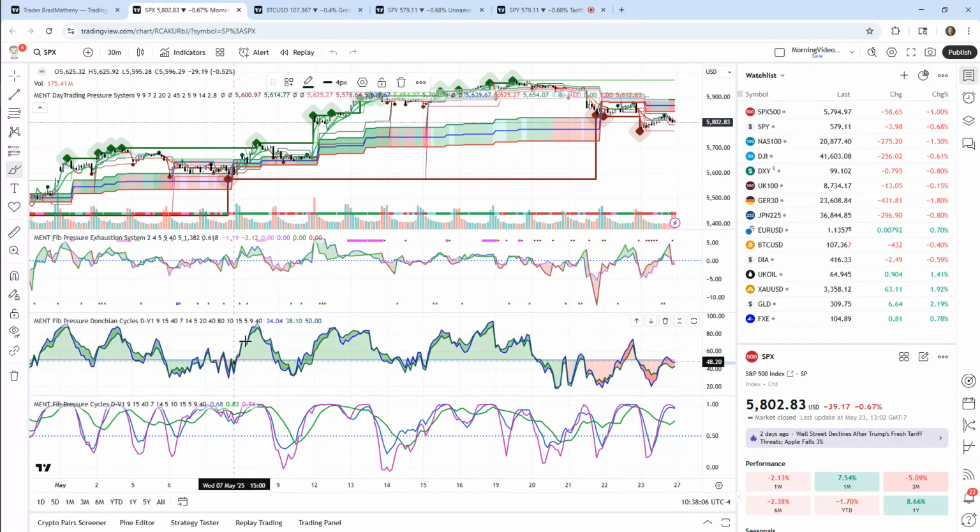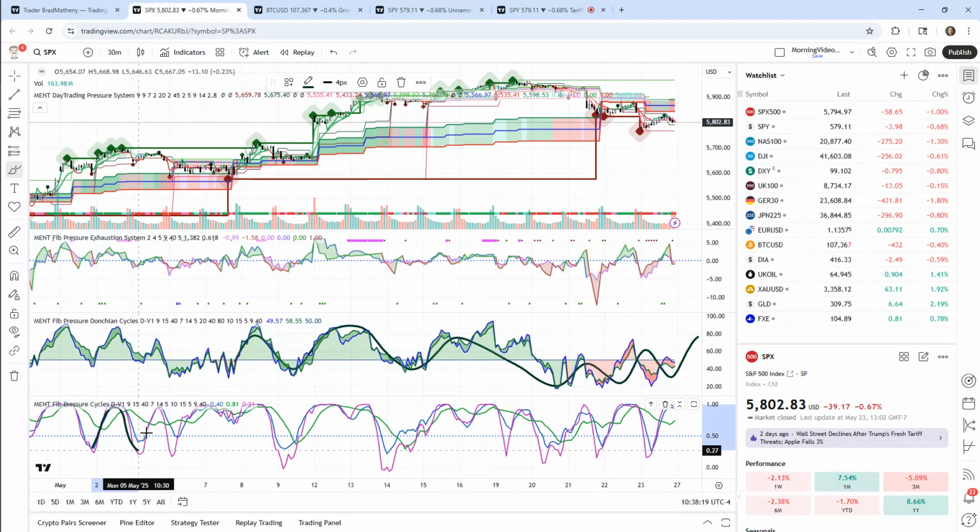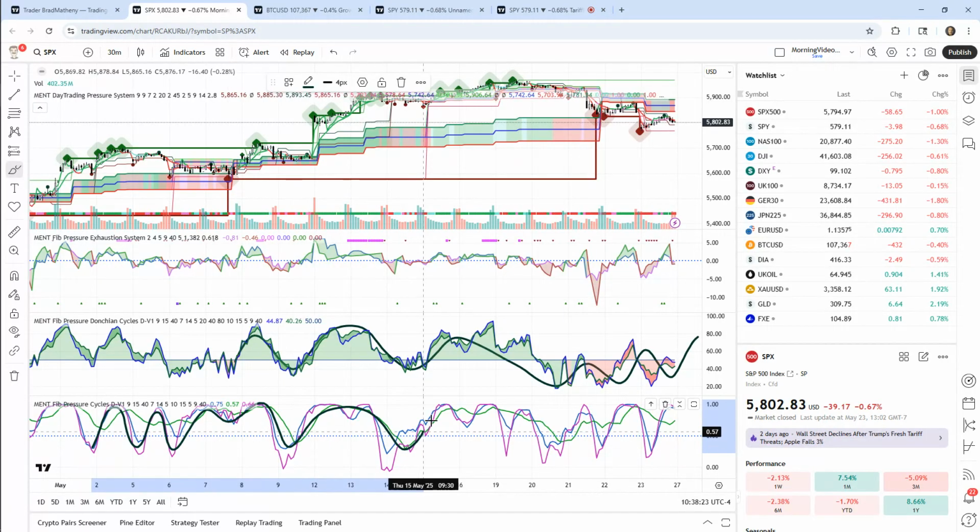What we're looking for here is rolling cycle trends, guys. And this is the pressure system. It's designed to measure upward cycle rotations, as you can see here, and downward cycle rotations.